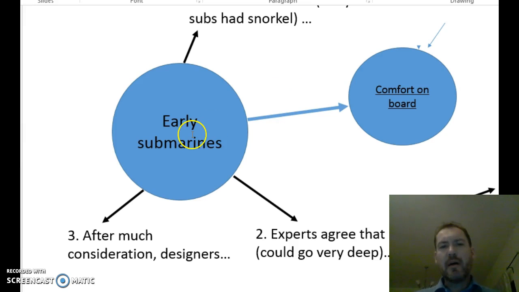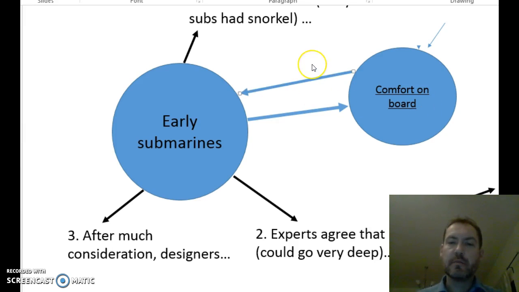So we know that early submarines connect to comfort on board. However, when I'm writing my paragraph, and this is a teaching point, so listen really carefully. When I'm writing my paragraph about comfort on board, I'm going to make a reference back to what I spoke about earlier in my paragraph on early submarines.